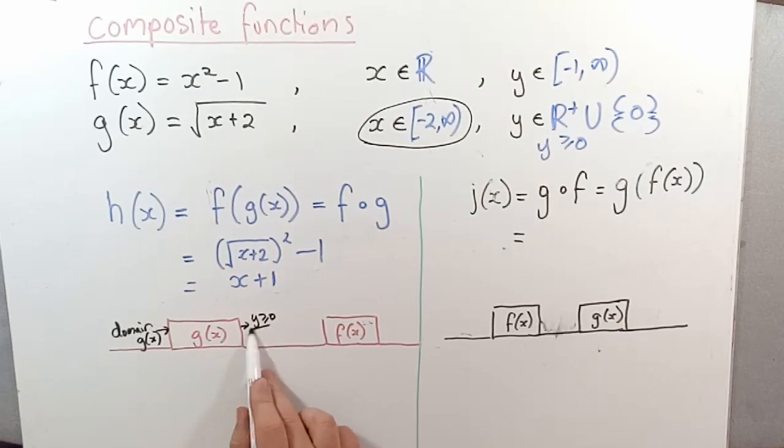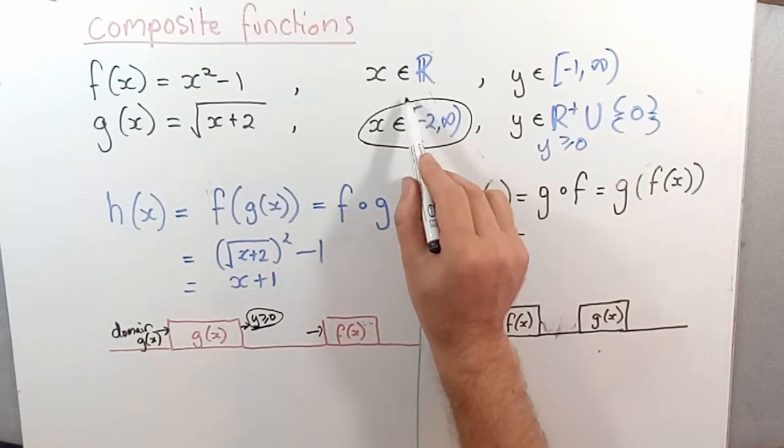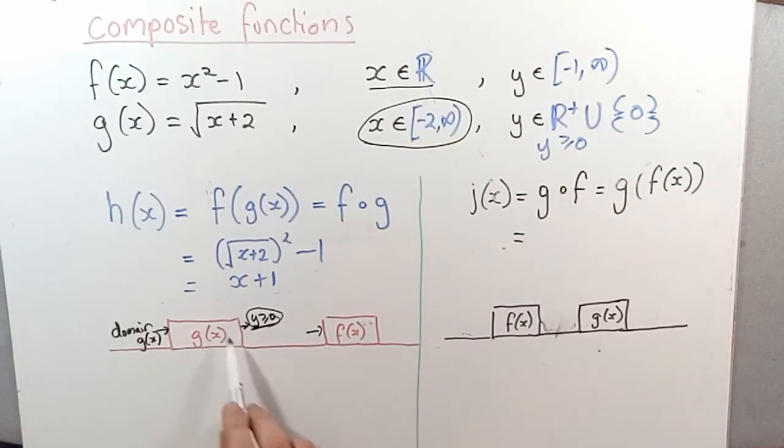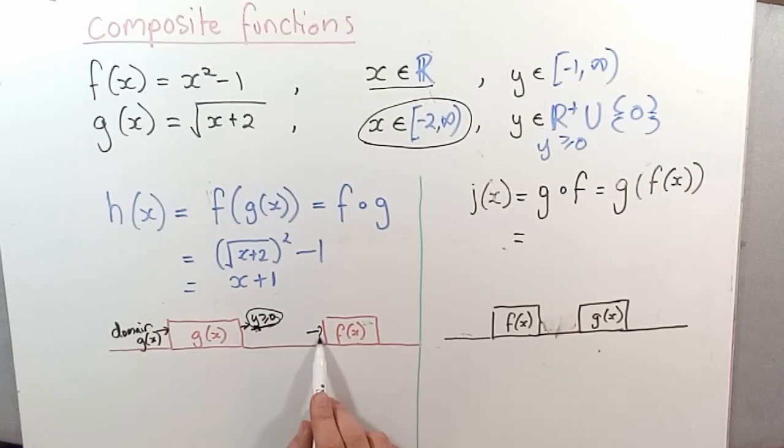These are going to become the new inputs for f of x, because g of x was inside f of x. So the new domain for f of x is the range of g of x. Luckily, the domain for f of x is R, so we can take any values. As long as the range of g of x is a subset of the domain of f, the composite function is going to work.